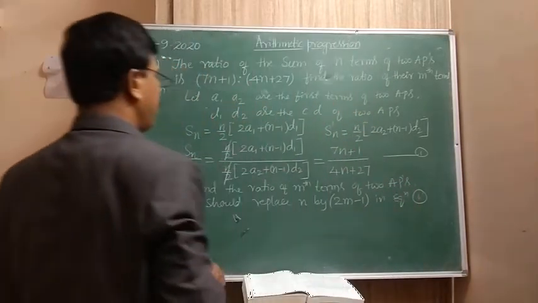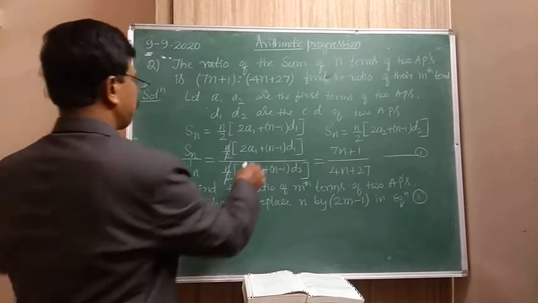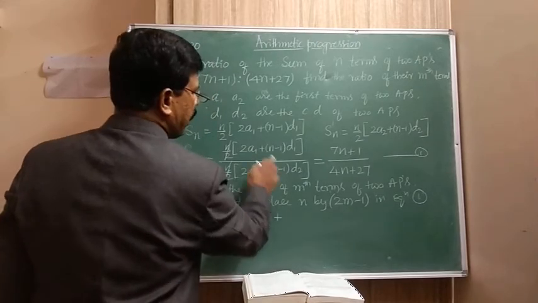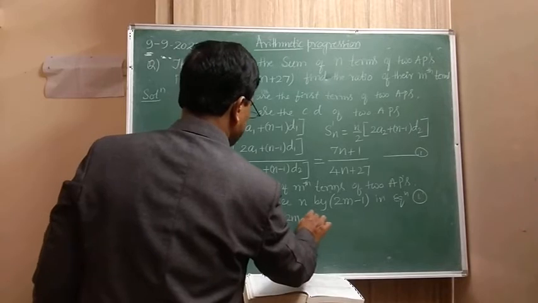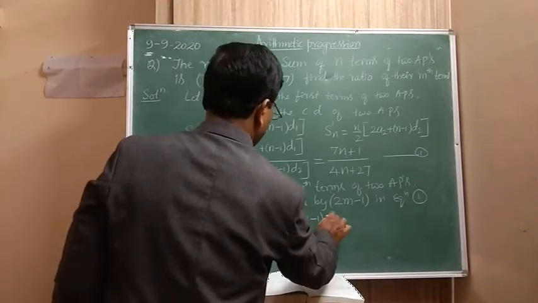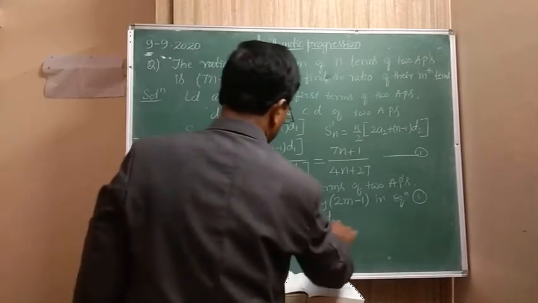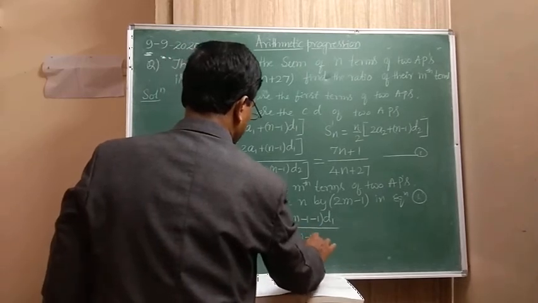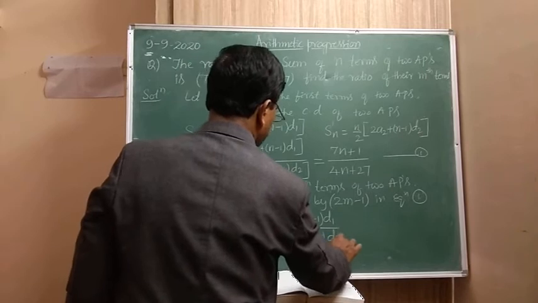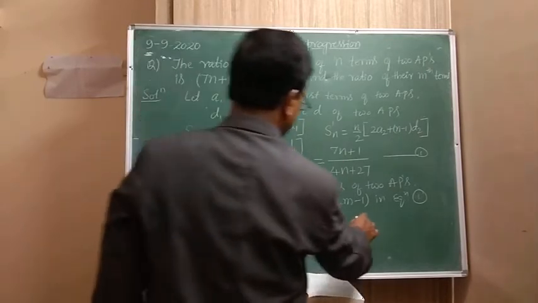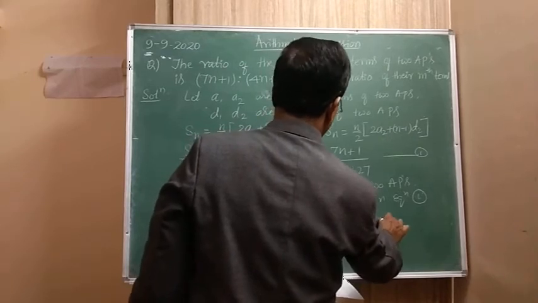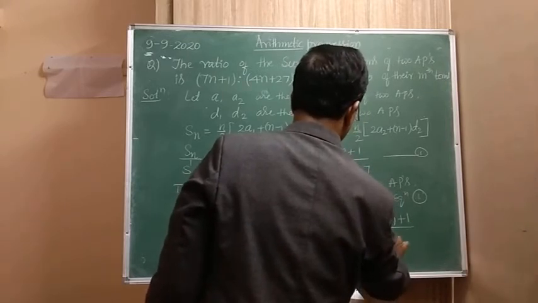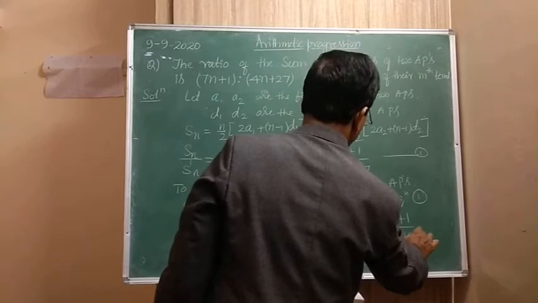Okay. Now here we can take this one: 2a1 plus, in place of n you write down 2m minus 1, into d1 whole divided by 2a2 plus 2m minus 1 into d2 is equal to, again here, 7 into 2m minus 1 plus 1 whole divided by 4 into 2m minus 1 plus 27.